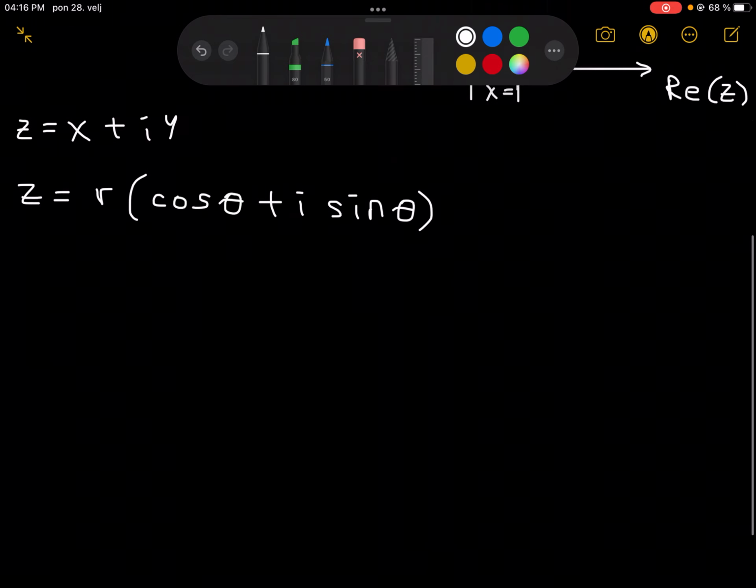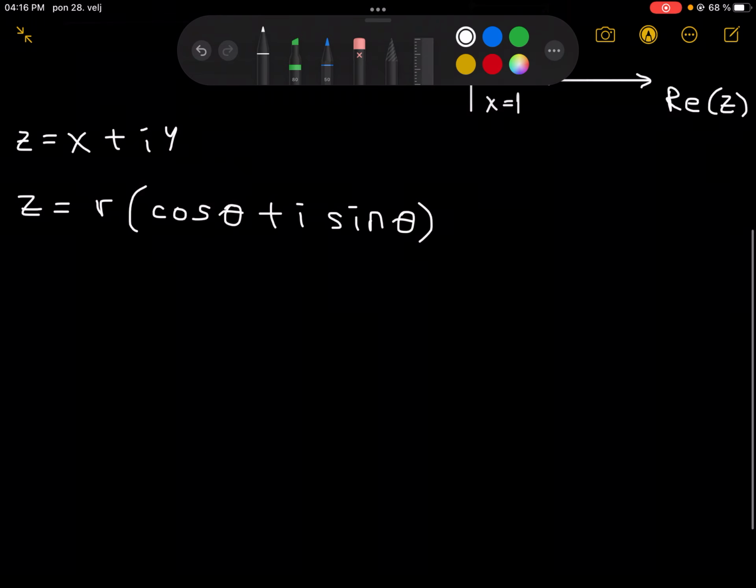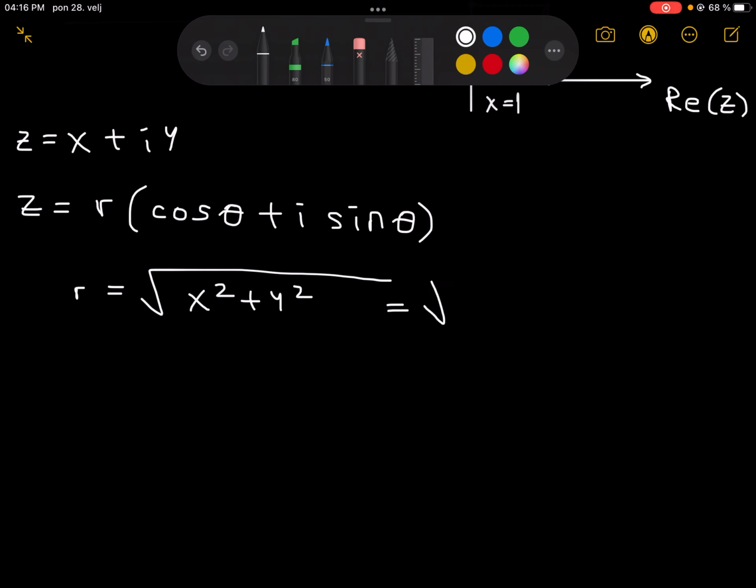From the picture, it's obvious that r must be equal to the square root of x squared plus y squared by using the Pythagorean theorem, which is exactly the same as the square root of 1 squared plus 1 squared, and therefore r is equal to the square root of 2.